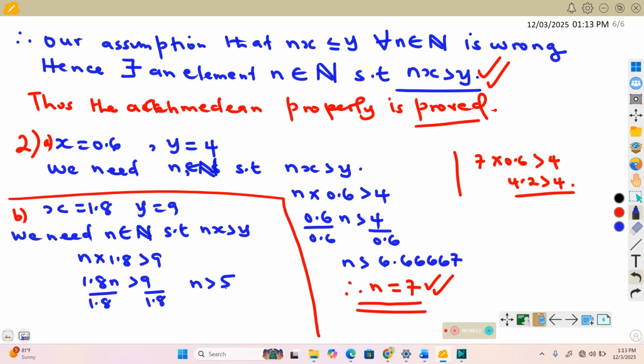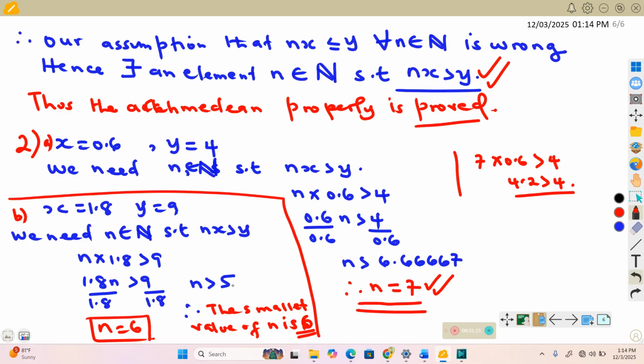So the smallest value of n is 6, so n equaling 6 will be true.